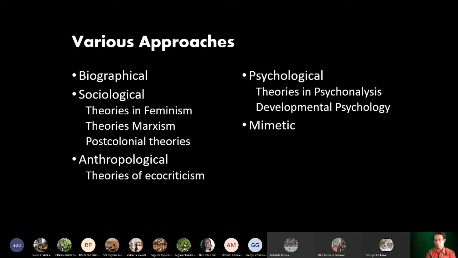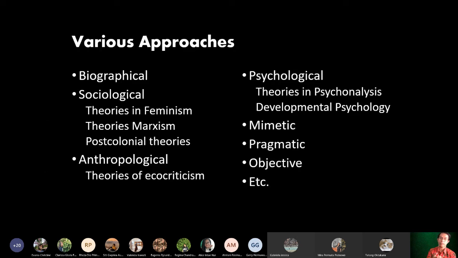And mimetic, showing the similarity between the work and the real world. And you use a lot of theories from the fields of sociology and other fields of study. These are all the approaches that you can use. And again, an approach is a way to get closer to the text, a way to understand the text better. These are what help you explain the text.